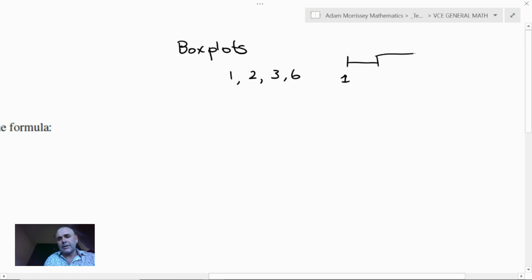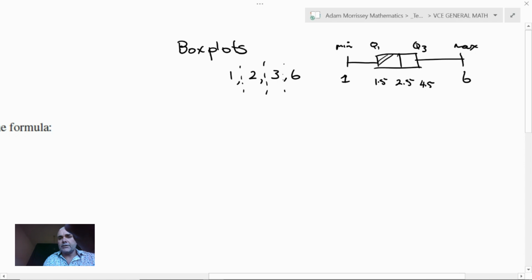So I can begin constructing a box plot here, and the middle is in here, so that's 2.5. So we've got Q1, the minimum, maximum, and Q3. Now Q3 is going to be halfway between those 2 points, so that's got to be 4.5, and Q1 has got to be halfway between here, so it's got to be 1.5.